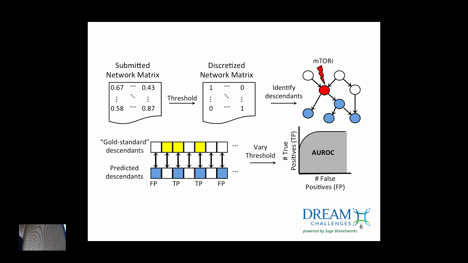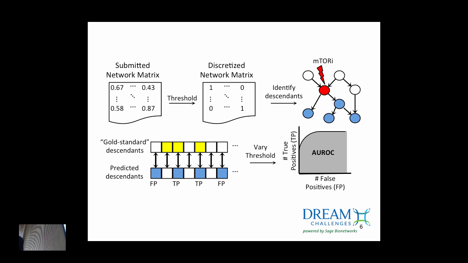Okay, so you submitted a network matrix, as we saw, that has confidence values for each of the edges. So what do we do with it? We choose a threshold and we discretize the network matrix into ones and zeros, and then we compare that to the gold standard.